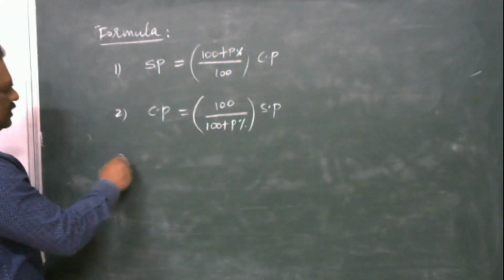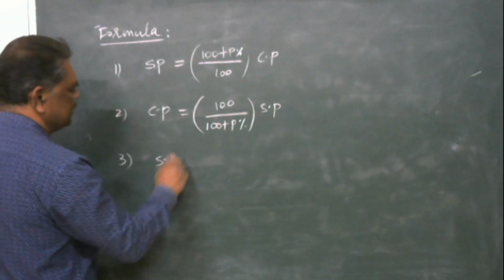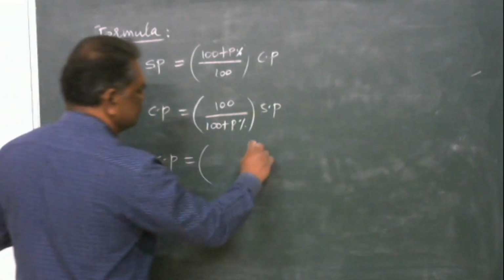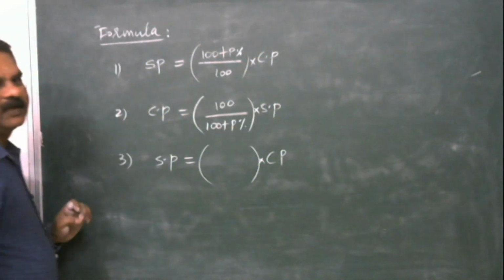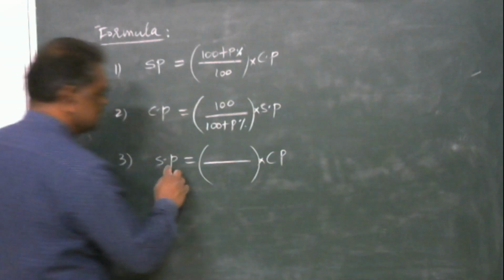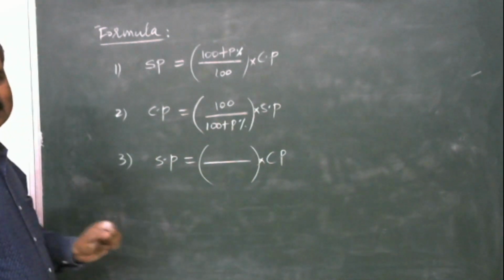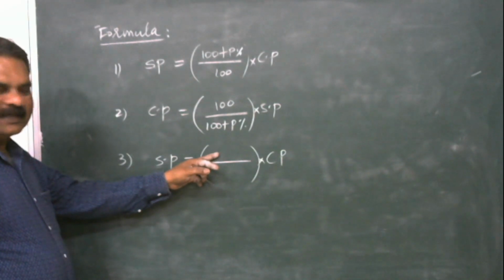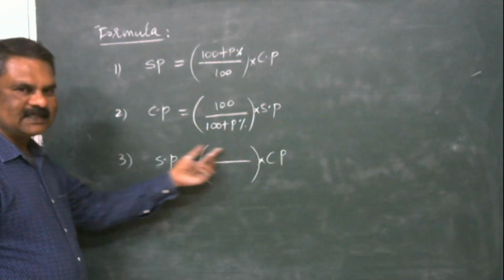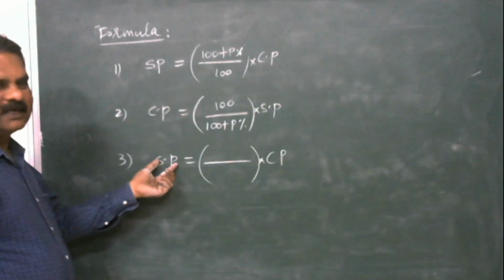If you know the loss percent, how do you find the selling price? Selling price is here into cost price, into here selling price will be less. So numerator is less, selling price will be less.